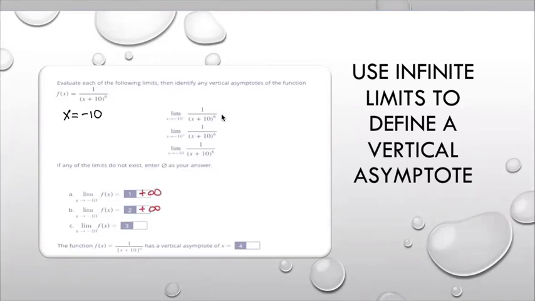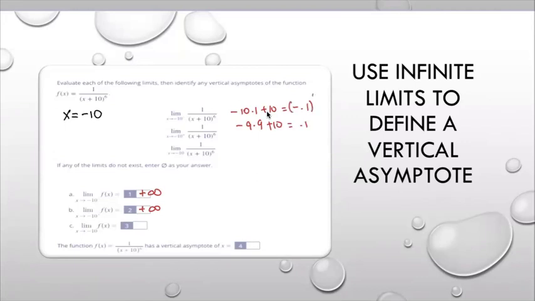This is going to be positive infinity. Because again, it doesn't really matter if you're using negative 10.1 or negative 9.9. When you do x plus 10, this difference is negative 0.1. This difference is positive 0.1.